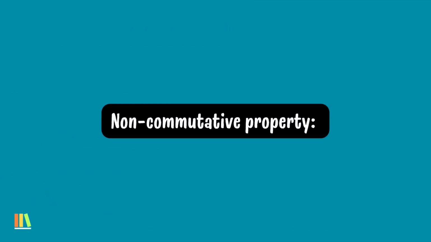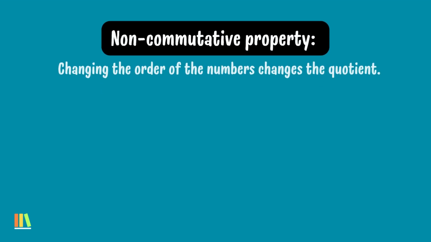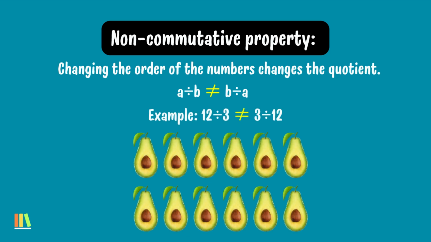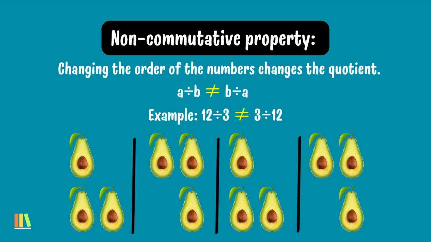There are different properties to division, the first one being non-commutative property. Changing the order of the numbers changes the quotient. Example, A divided by B does not total to B divided by A. An example equation would be, I have 12 avocados and I divide them by 3.